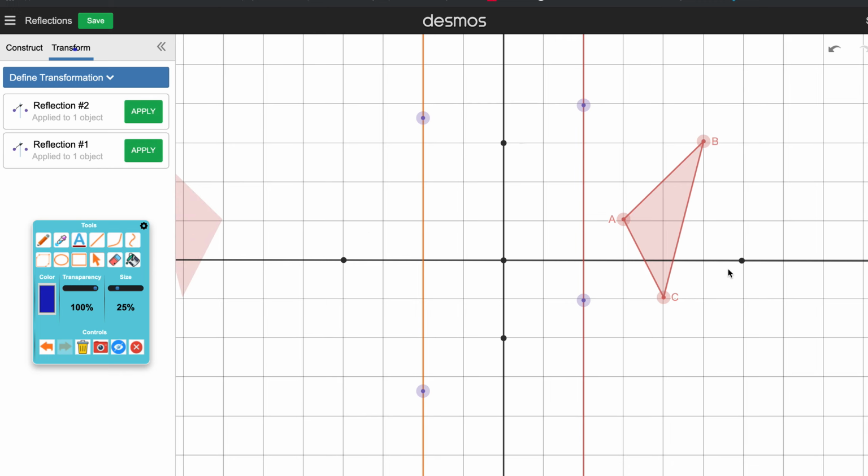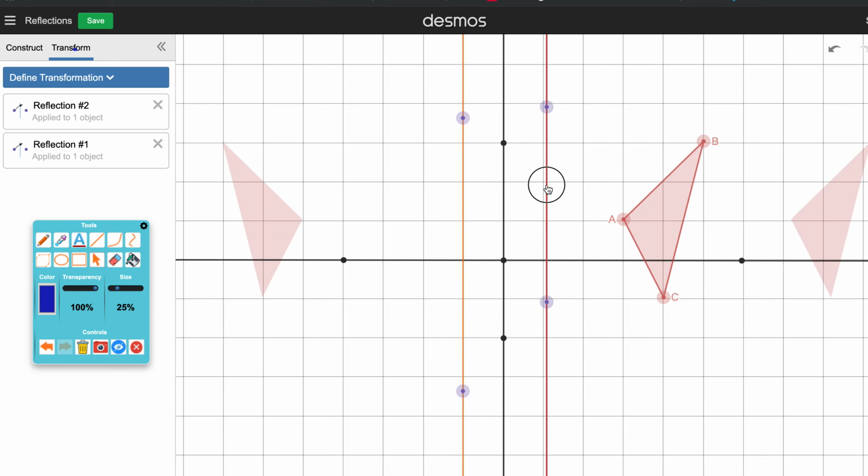Now unfortunately it looks like nothing's happened. What actually has happened is I think these things are too far apart. So here's what I'm going to do. I'm going to move this way, move this way, and I think you can see that we've reflected first here, then over here, and the distance between these is 1, 2, 3, 4.